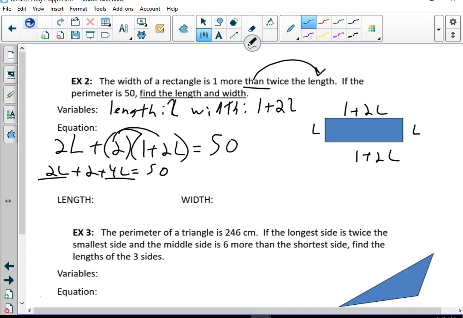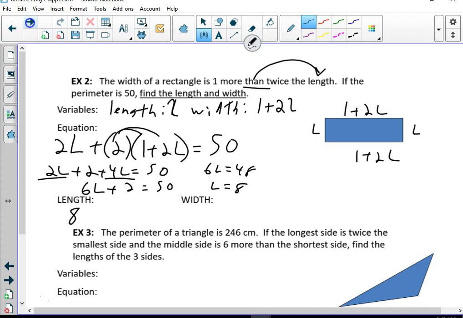I want to join my like terms. That's 6L plus 2 equals 50. Subtract 2, 6L equals 48. And if I divide by 6, I get 8. So my length is 8.